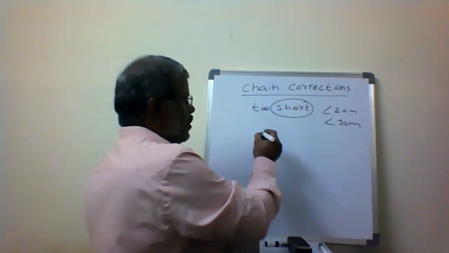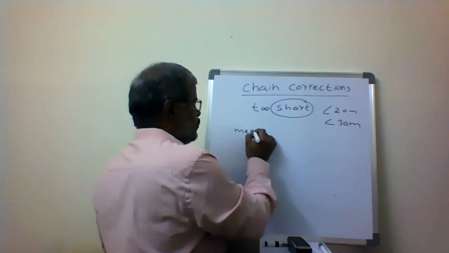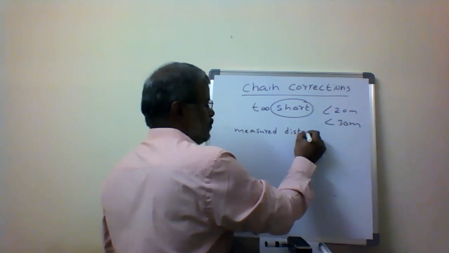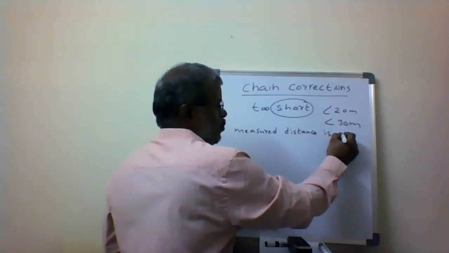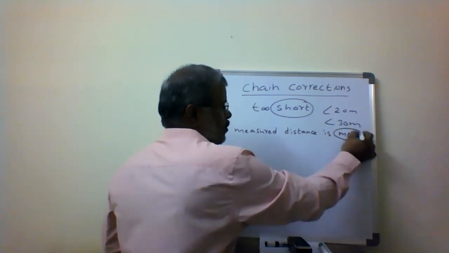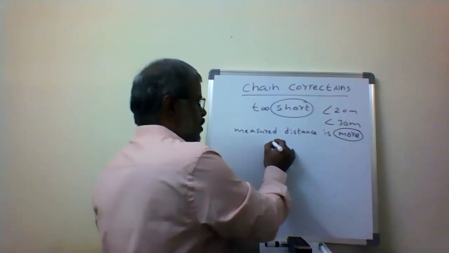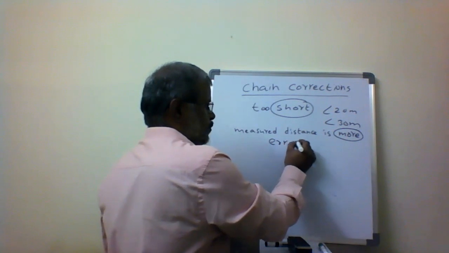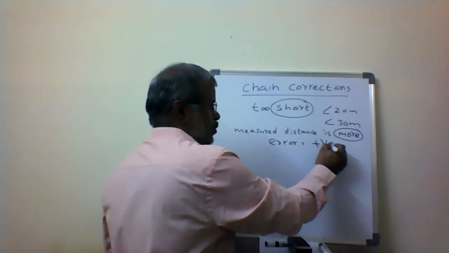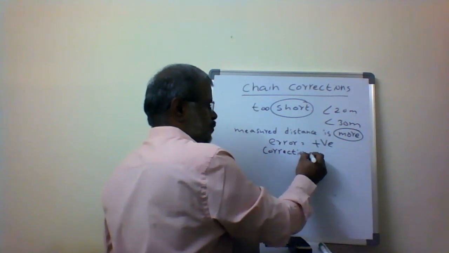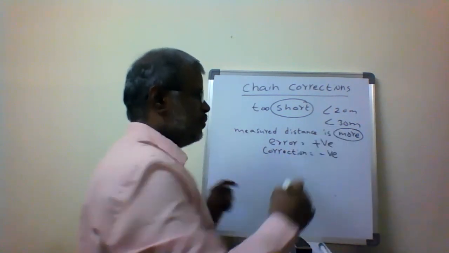Then the measured distance is more, so the error is positive and the correction is negative.